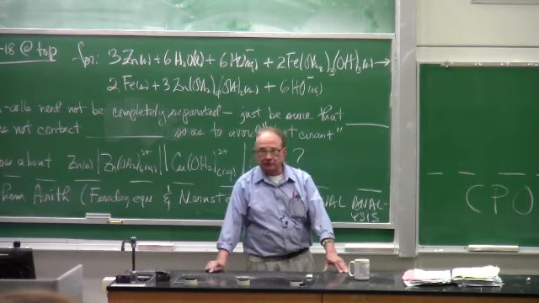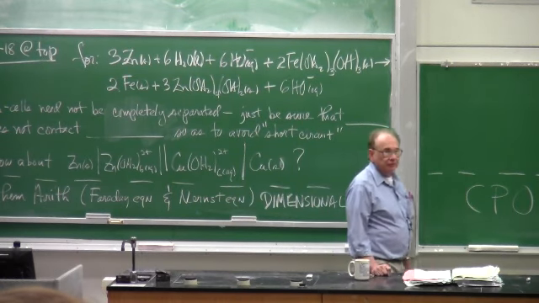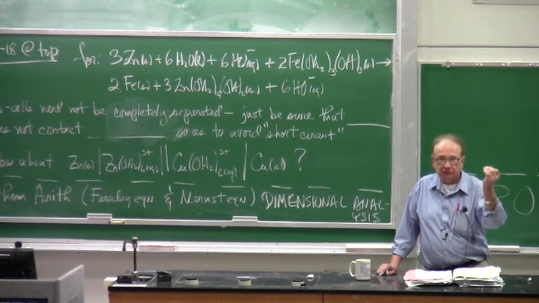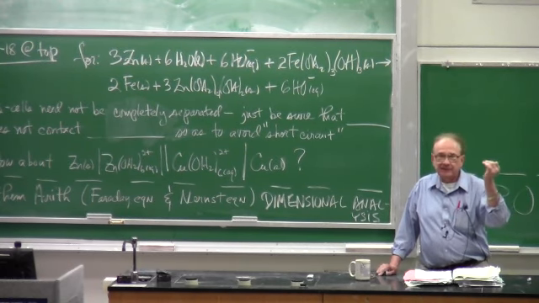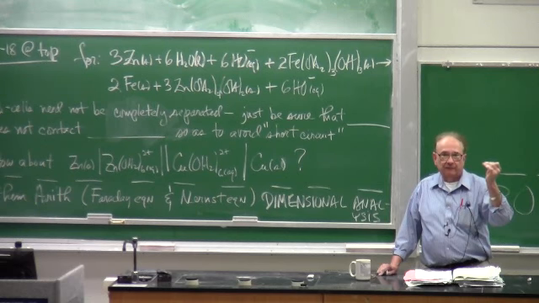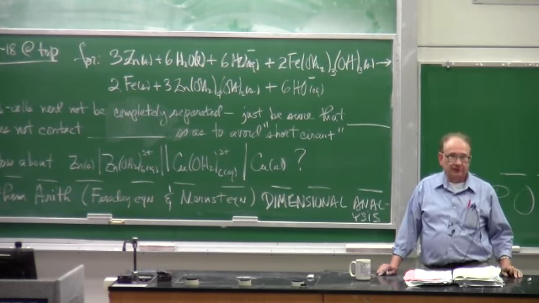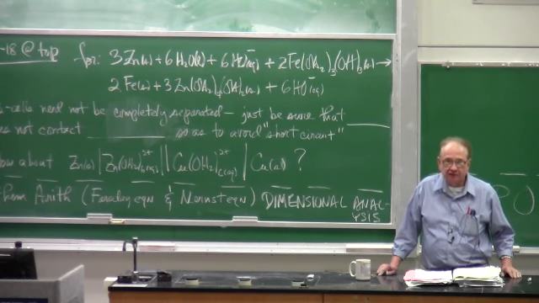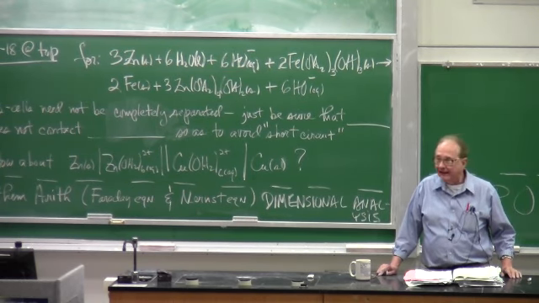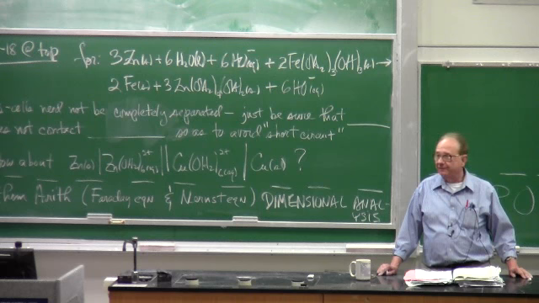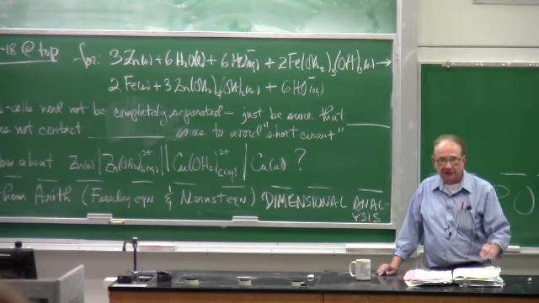Now that statement is true, but it's true to the extent that the stuff which is the reducer has to be physically separated from the stuff which is the oxidizer. Because if the reducer touches the oxidizer, then, like we saw when we put a strip of zinc in a solution containing hydrated copper ion, you have a short circuit, because the electrons transfer directly from the reducer to the oxidizer.